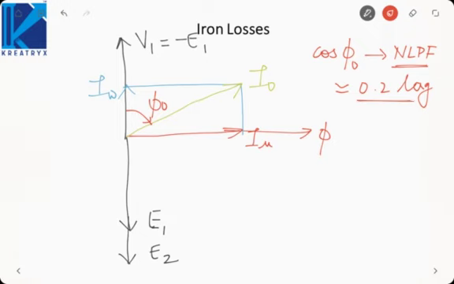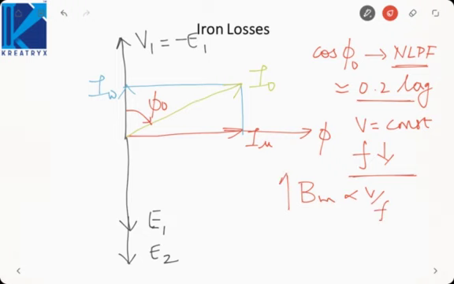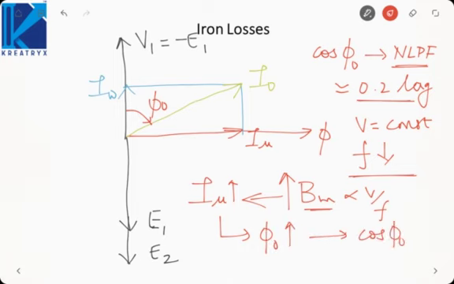Now what happens is, suppose we keep the voltage constant and we reduce the frequency, then as I told you, Bm is proportional to V by F. Bm will increase because frequency is being reduced, which will lead to an increase in magnetizing current. So an increase in magnetizing current will lead to an increase in phi naught and a reduction in the no load power factor cos phi naught.